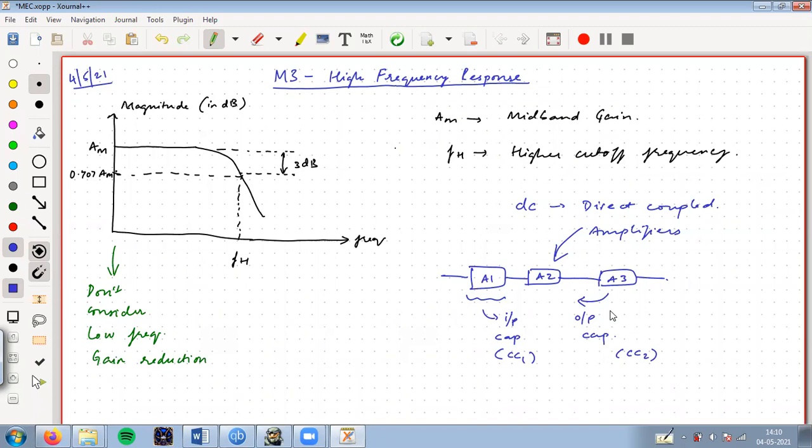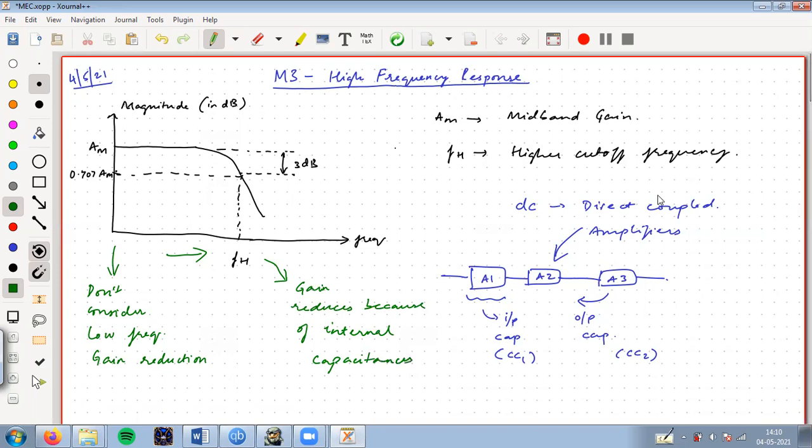Now, as you keep on increasing the frequency, the gain here reduces because of internal capacitances.